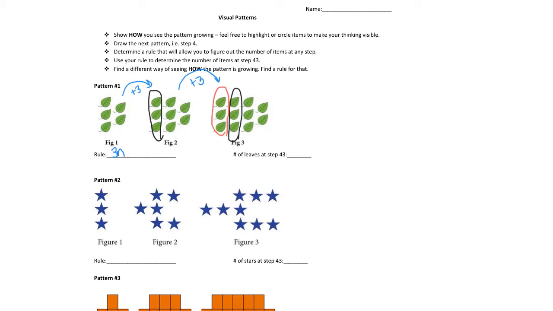So now we need to figure out if that's all of the rule. To do that, we have to figure out what figure 0 would look like. If the rule is plus 3, plus 3, plus 3 to go up in figures, it's going to be the opposite to go down, which is minus 3.